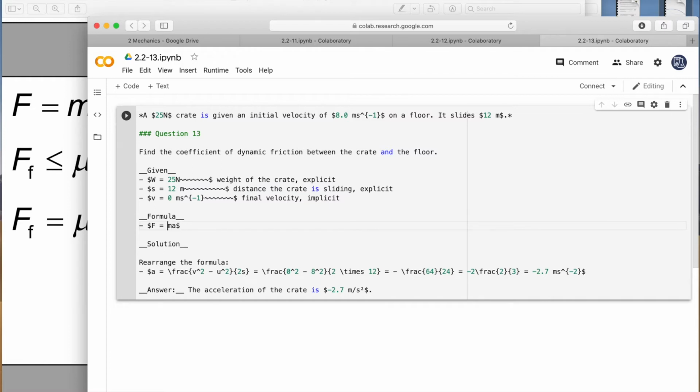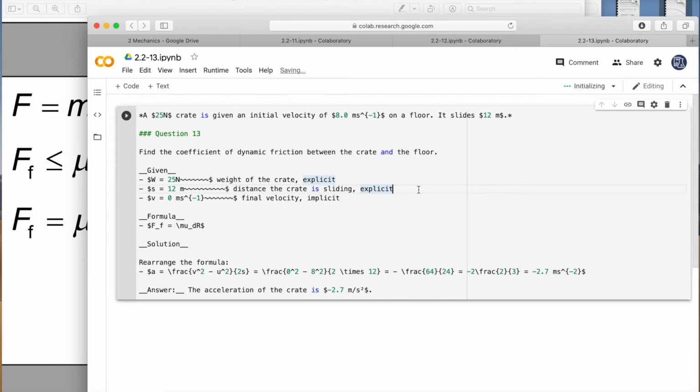No, that's the wrong one. Friction force equals mu, mu underline dynamic friction, because it states dynamic friction, times capital R. So this would be, after it's connected and allocated, how this one looks like.